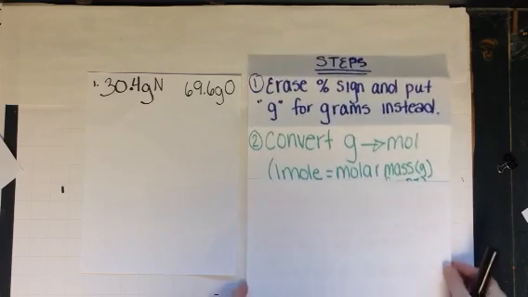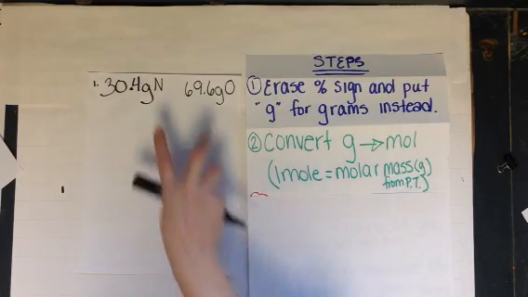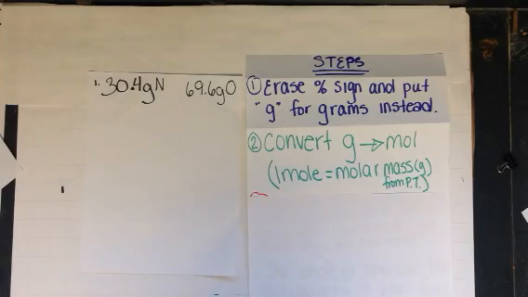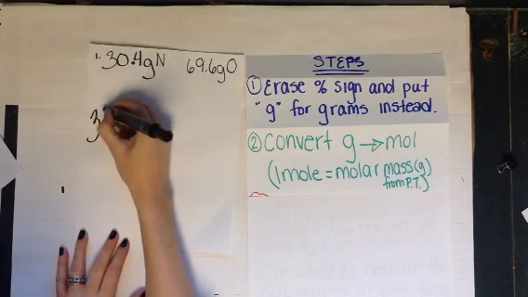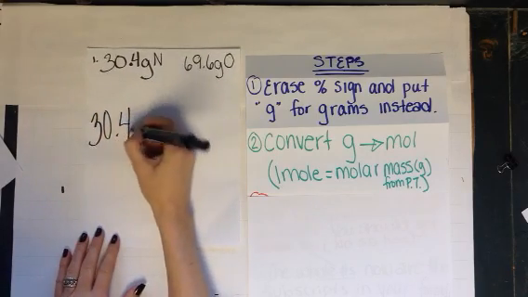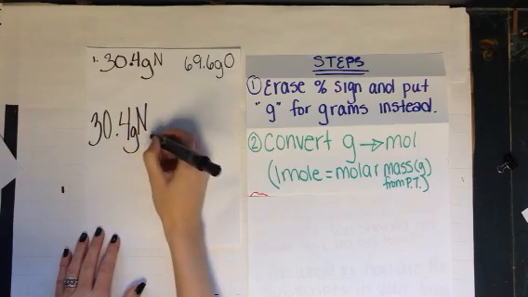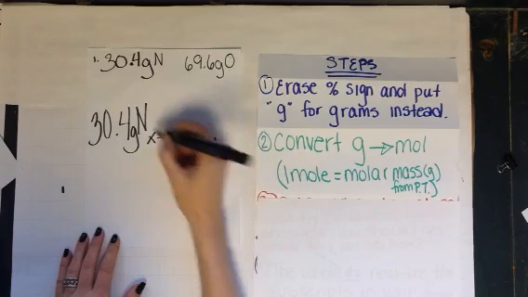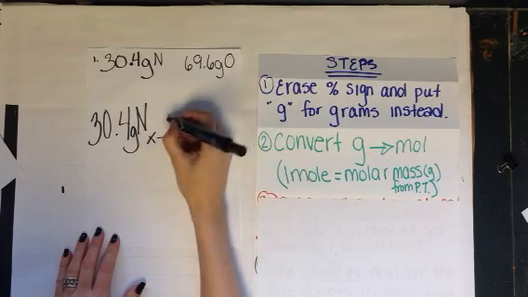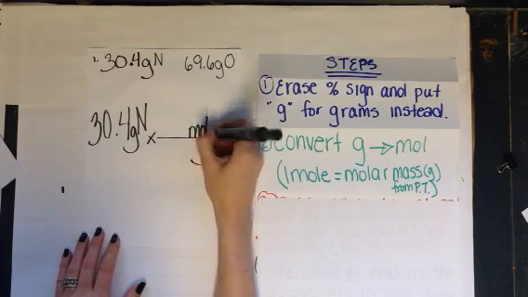Very easy, something we've been doing in this chapter, and that is to take your gram values and convert them into moles. So let's do that now. I've got 30.4 grams of nitrogen, again not diatomic, times grams of nitrogen on the bottom and moles of nitrogen on the top.